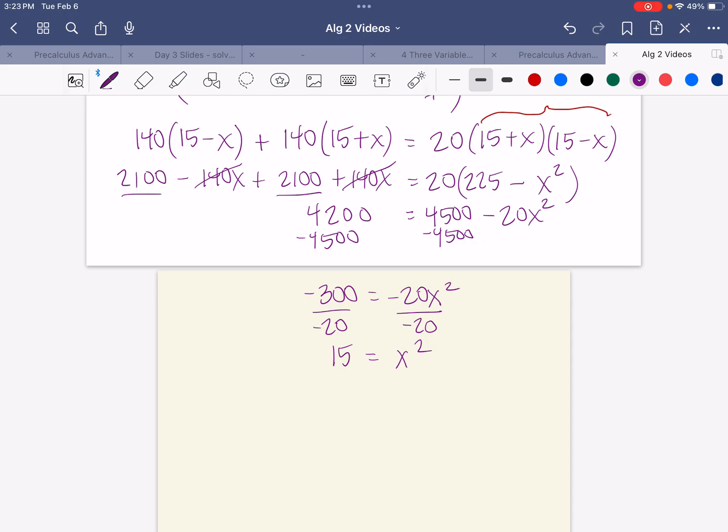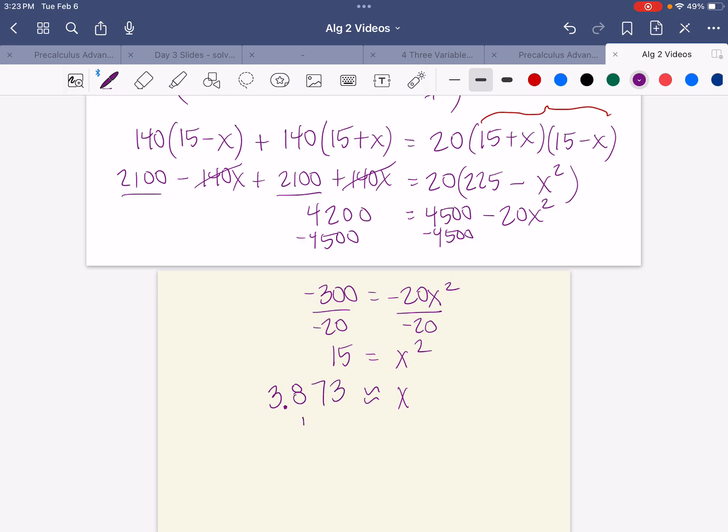When we take the square root of 15, let me get my calculator. The square root of 15, we know it's between 3 and 4, and we're going to round to the nearest thousandth, 3 decimal places.